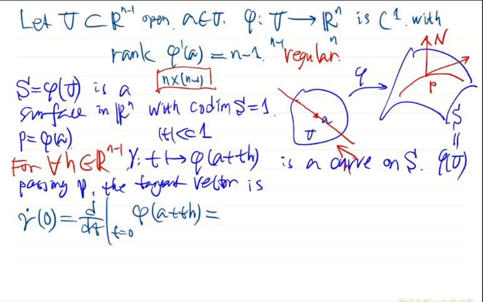By the chain rule, this is phi'(A) times h. Phi'(A) is an n by n-1 matrix, and h is an n-1 dimensional column vector. Therefore, the result of this multiplication is an n-dimensional vector. That is gamma'(0), the tangent vector of this red curve on the surface.